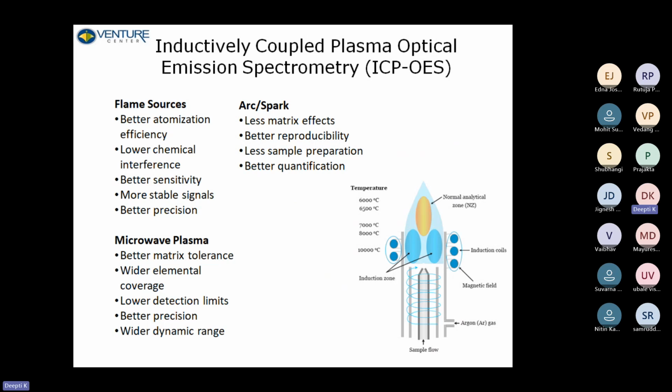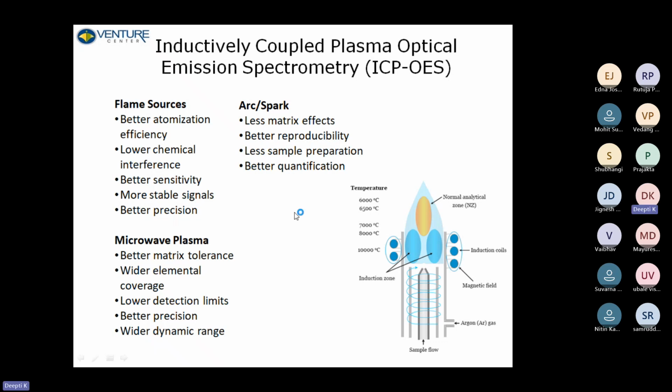In an ICP OES equipment, compared to flame sources, an ICP source will have better atomization efficiency, lower chemical interference, better sensitivity, and it also gives a more stable signal.